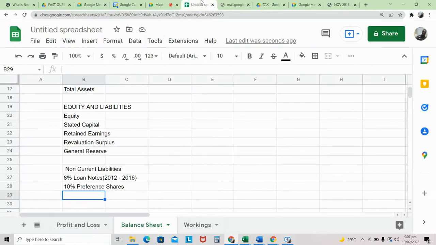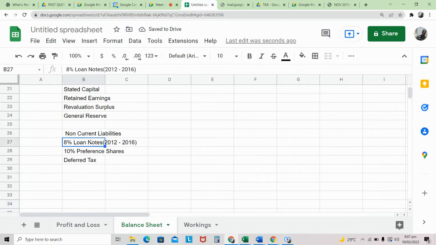Then we also have deferred tax. So these are the non-current liabilities.